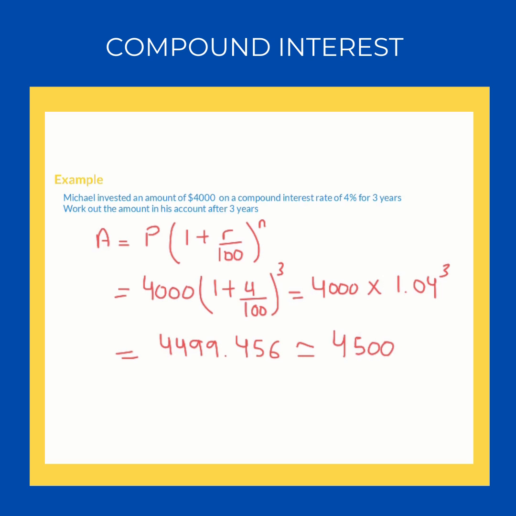So after 3 years, Michael has a total of $4,500 in his account. Initially he had $4,000, and after 3 years he gained an additional amount of $500.